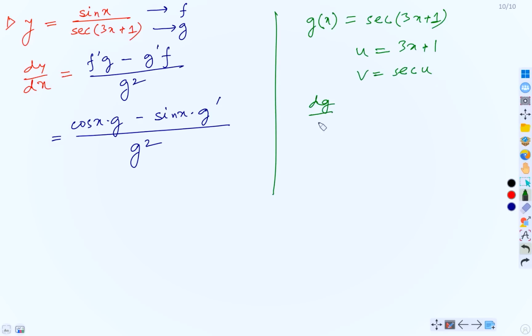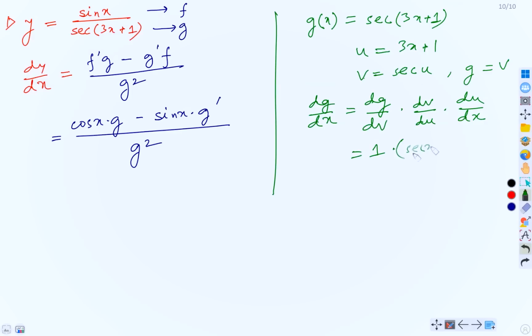Therefore dg dx: g is v, therefore dg dv, v is directly dependent on u, therefore dv du, and u is directly dependent on x, du dx. dg dv will be 1, dv du, differentiation of secant u is secant u times tangent u, and du dx is 3, right?